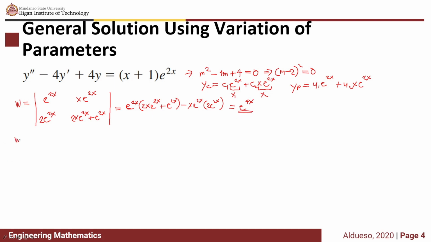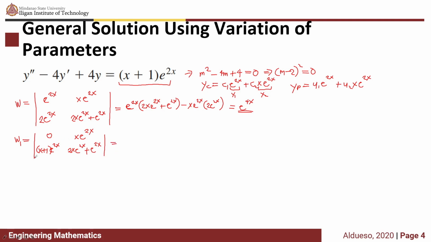Now for w1, we have 0 and our f of x, which is (x plus 1) e to the 2x, then x e to the 2x and 2x e to the 2x plus e to the 2x.